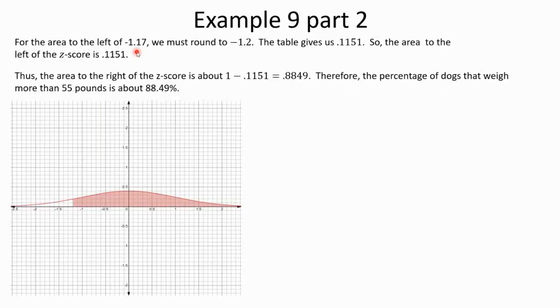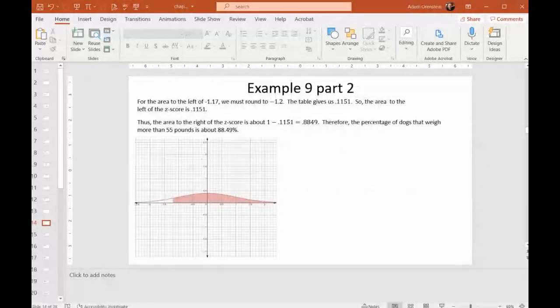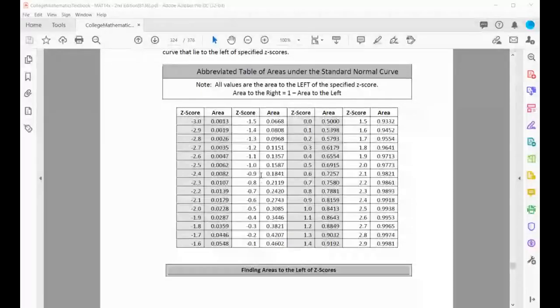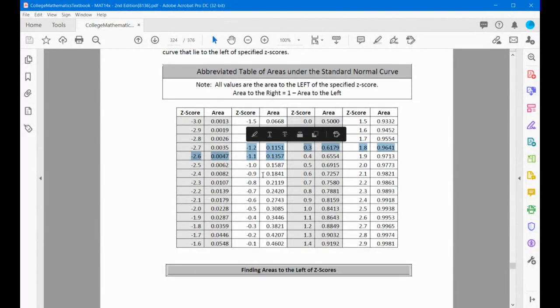So what is the area to the left of negative 1.17? Well, again, we can use the table. But if we went to the table, we would have to use negative 1.2 because negative 1.17 is not in the table. In fact, let me show you. Right, negative 1.17 is not in this table. But what we can do is round to negative 1.2.